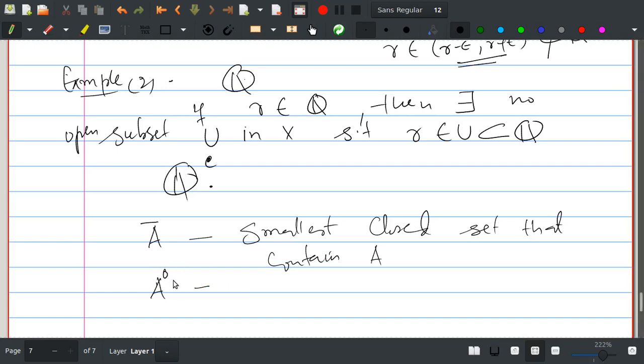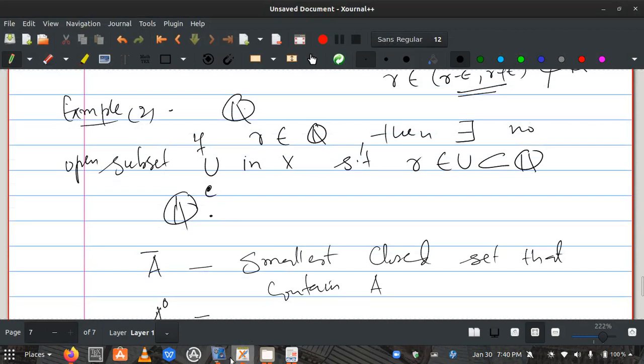This is the set of all points of which A is a neighborhood. So this A interior is the largest open set contained in A, which we are going to prove in the next lecture.